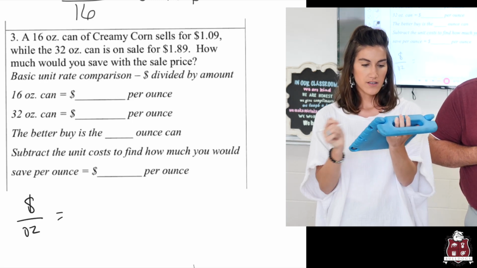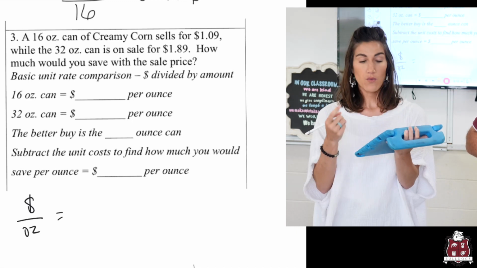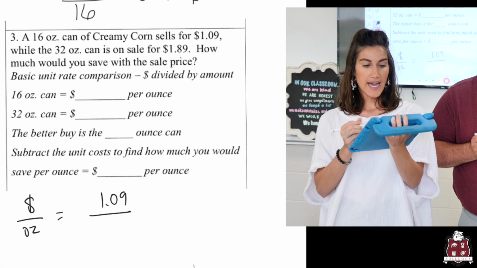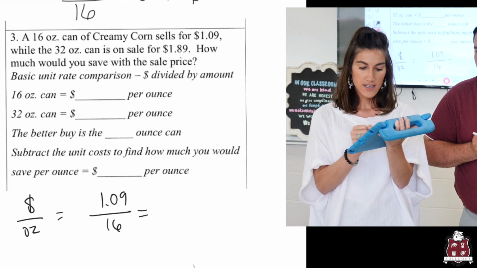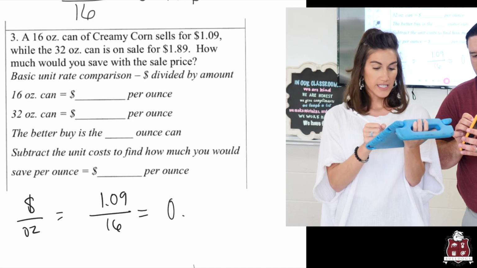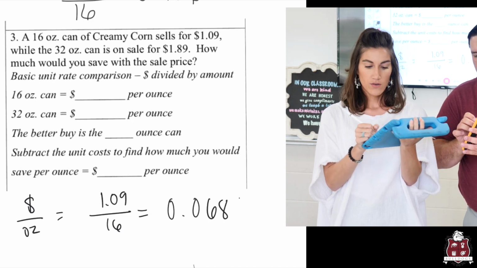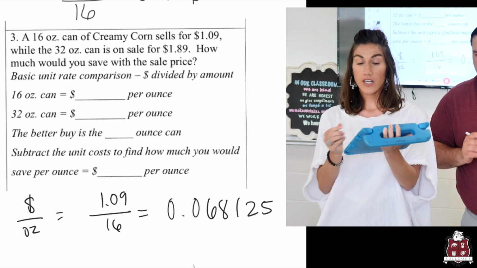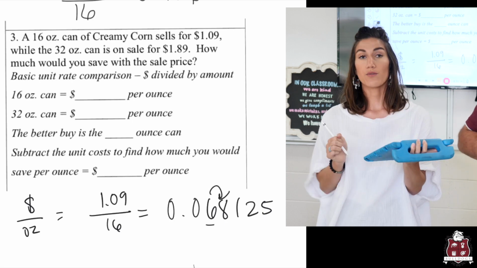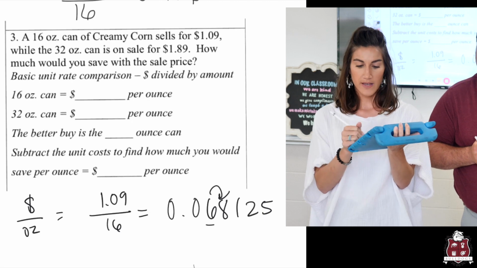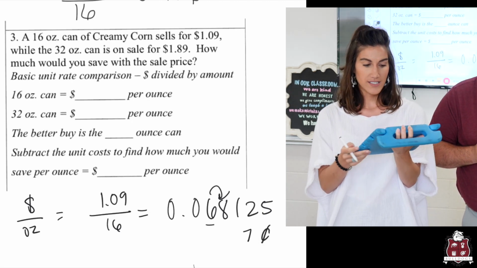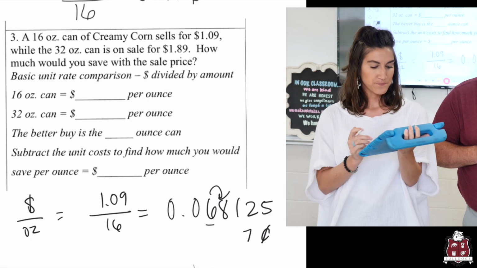My 16-ounce can was $1.09, so we're going to say 1.09 divided by 16, and that's going to give me a decimal of 0.068125. Let's look at our hundredths place. We need to round up because we have an 8 in the thousandths place. So I'm getting 7 cents per ounce in my 16-ounce can.